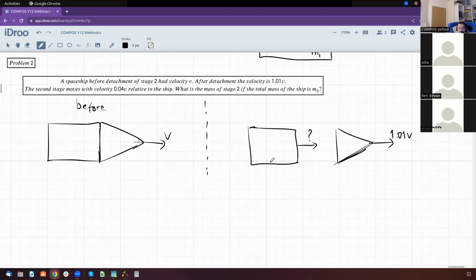No, that's incorrect. Look, this is the front of the ship. This is where the astronauts are.